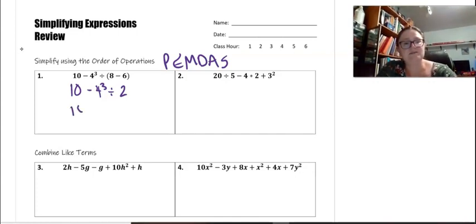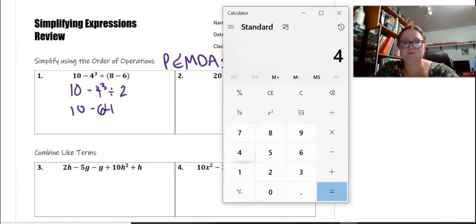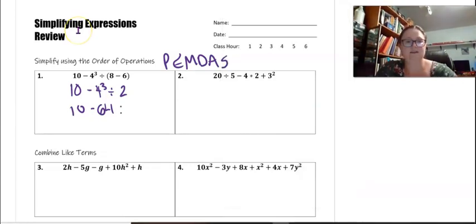Okay, next we have 10 subtract 4 to the third power, which is 64, and then remember to check that in your calculator. What you're going to do is 4 times 4 times 4, and I still have divide 2. And then remember, division comes before subtraction. So I have to do 64 divided by 2 before I do 10 subtract. So it's going to be 10 subtract 64 divided by 2, which is 32.